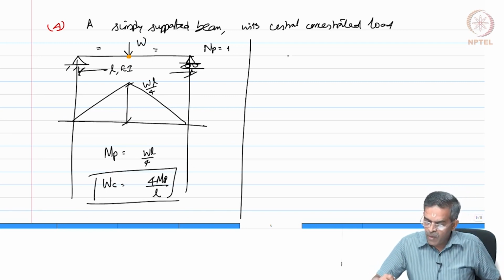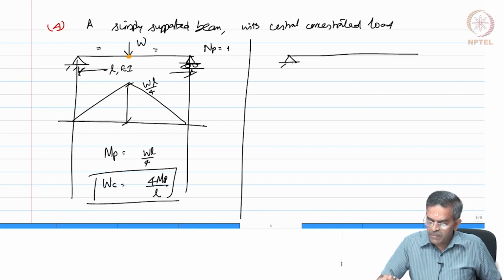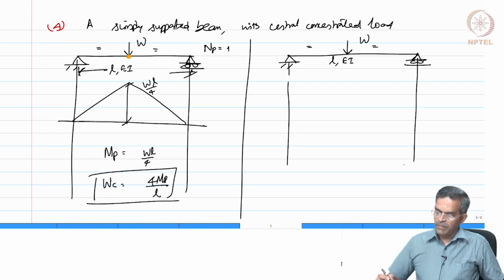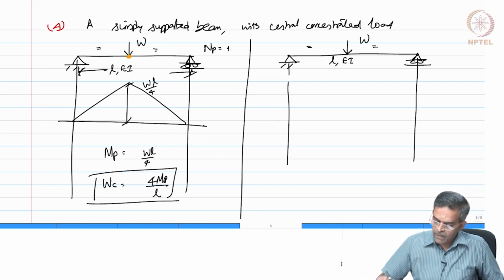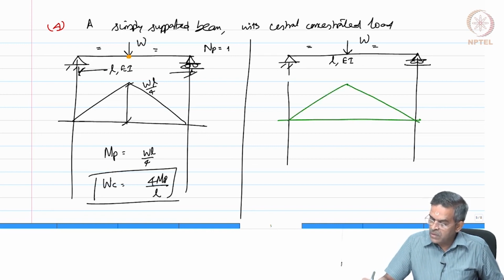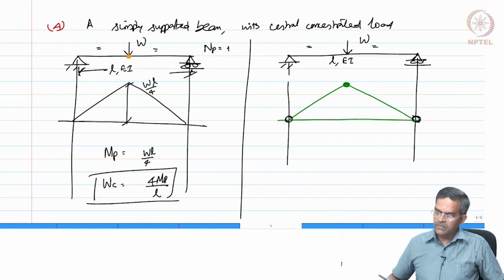Let us do the same problem using the kinematic theorem. Let us draw a mechanism. We know that the hinge will form here, and at these two locations there will be structural hinges.